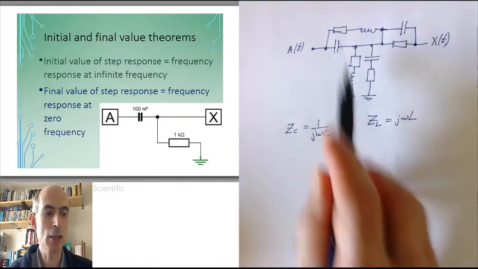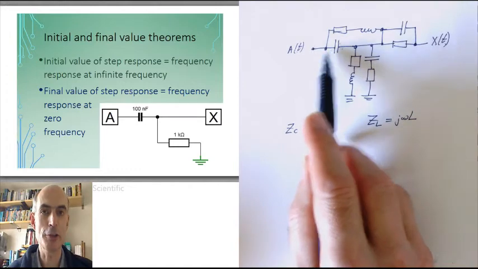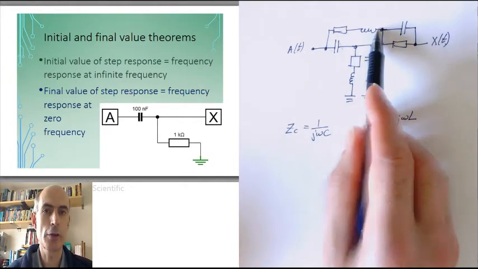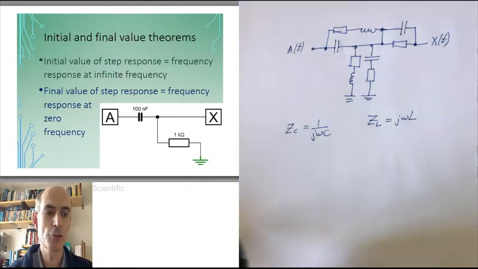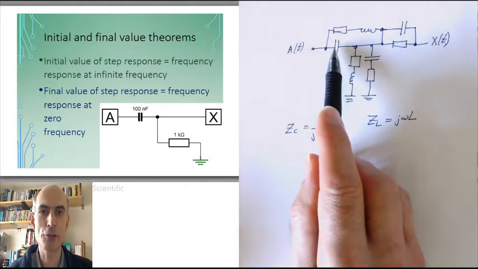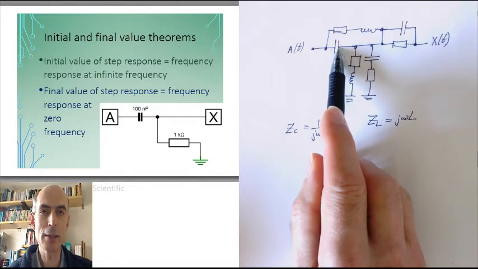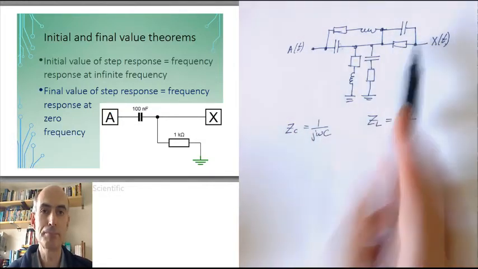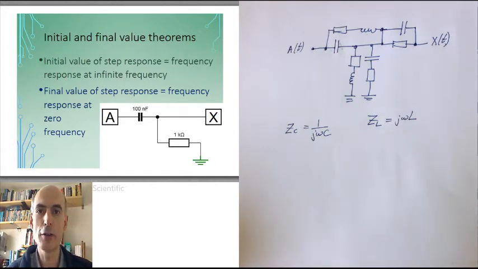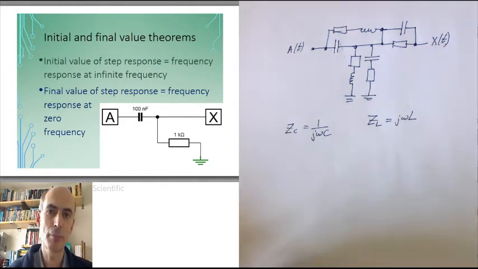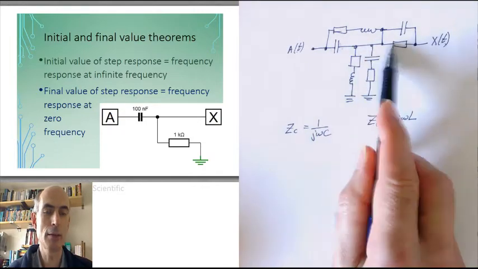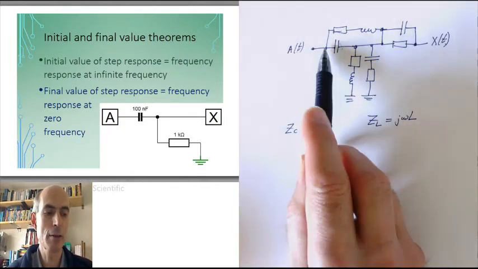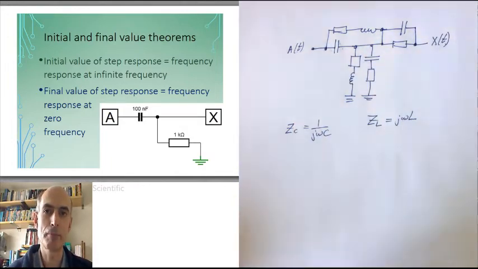But that's exactly what happens just after the step arrives. No voltage across the capacitor, no current through the inductor. So the circuit, just after the step has arrived, behaves exactly like the circuit with an infinite frequency flowing through it. And that's all the initial value theorem says. The circuit is behaving just after the step arrives as if the input was an infinite frequency.